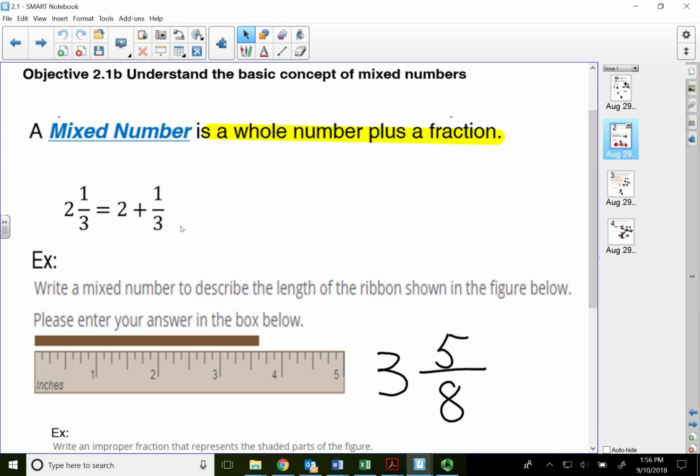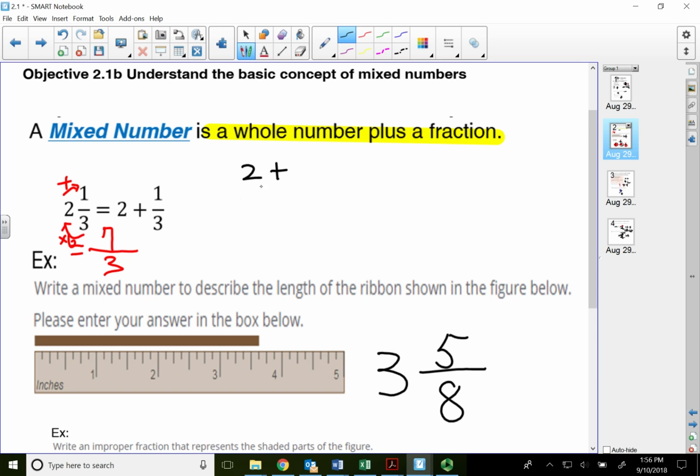So in a way, this 2 plus 1/3, this 2 and 1/3, when we convert to an improper fraction, remember we take the denominator times the whole number, and then we add the 1 on the top, to give me 7 over 3. So what that means is this 2 plus 1/3 is the same as 2 and 1/3.